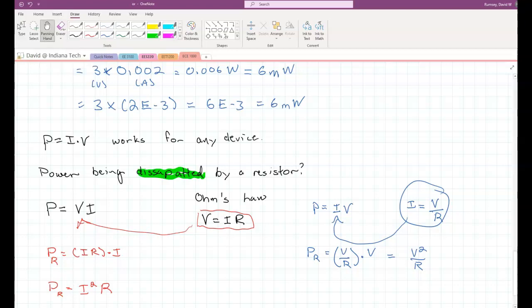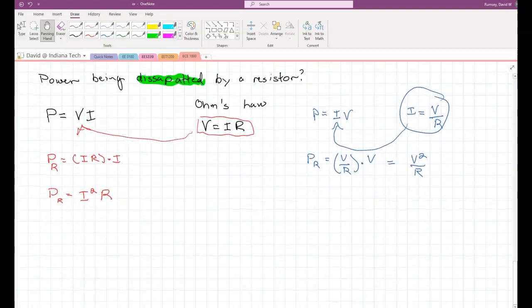So we now have actually three ways to compute the power being dissipated by a resistor. We can go back and use our original way of computing power, which is just voltage times current.